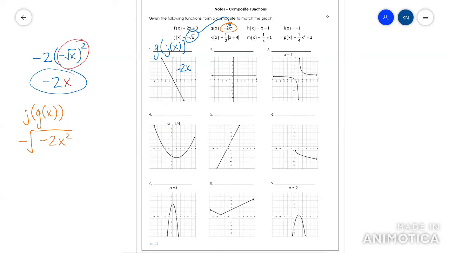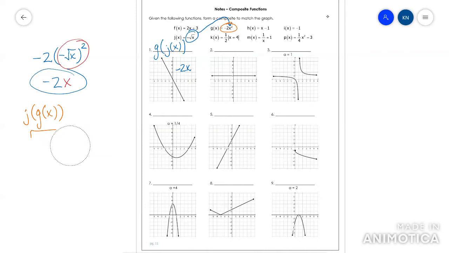Look how different that is than the -2x that we wanted. So the order matters. Whichever one gets plugged in, like in the first example where j of x got plugged in, that one goes on the inside of your answer. See how it's on the inside here of the g of x?